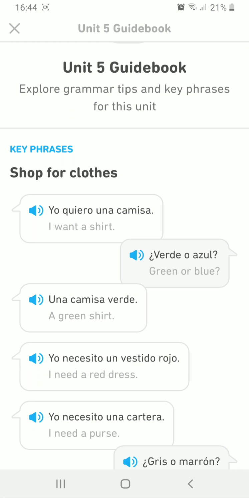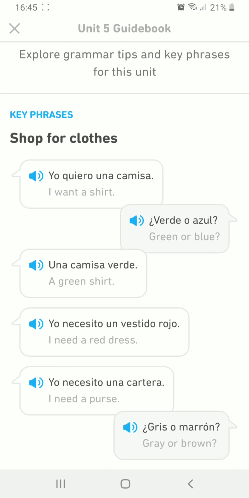So verde o azul, we have seen amarillo. Amarillo means yellow. Here we have verde, green, and azul. Azul is blue. And una camisa verde. Yo necesito un vestido, which is a dress, rojo.